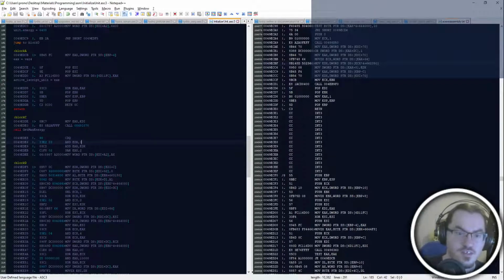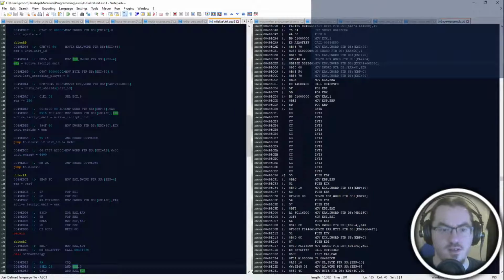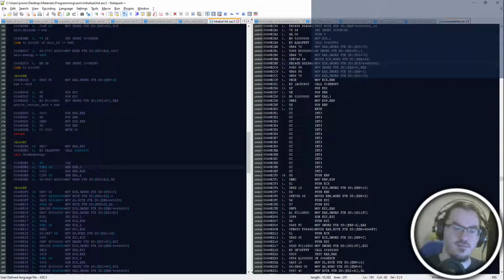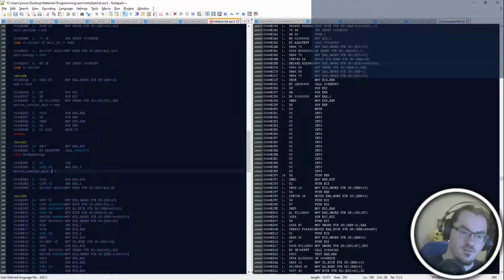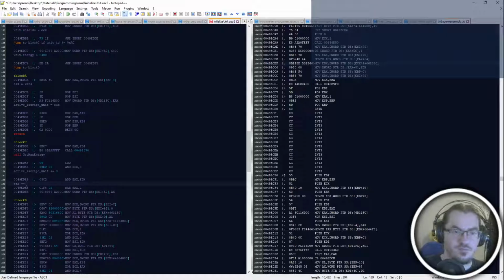I don't remember what CDQ meant. It's been too long. Now, EDX by this point is what exactly? It's active iScript unit. Active iScript unit and 3. And EAX was listed as EDI, which is unit.